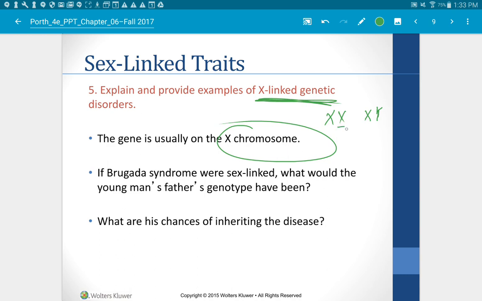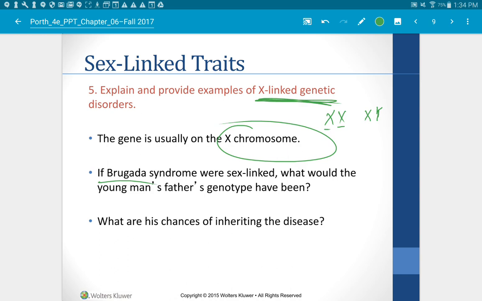Females, of course, get 1 X chromosome from their father and 1 X chromosome from their mother. Okay? So if this Brugada syndrome was sex-linked, what would the young man's father's genotype have been? What would that be if it had been X-linked? It's actually not, but let's say it was.